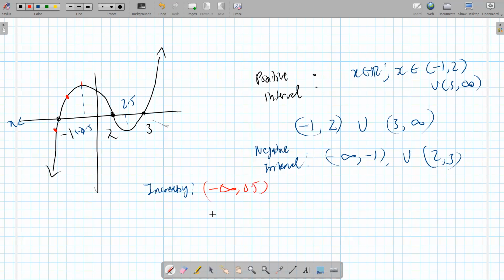Okay, so for increasing and decreasing, it's according to the y values, not the x values. Then for decreasing, it would be from 0.5 to 2.5, right? Yeah, 2.5. And then increasing again, it would be 2.5 to infinity. Yeah, exactly. There we go.